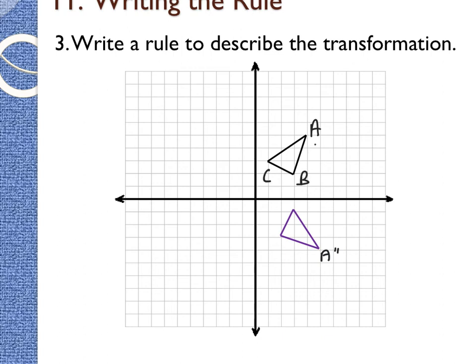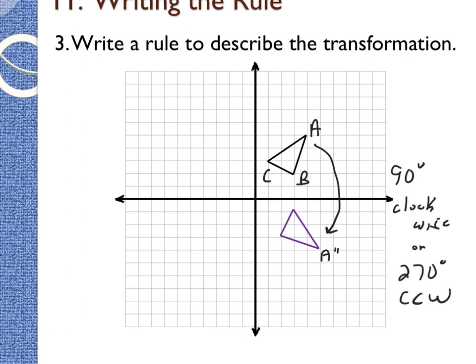So I'm going to go from A to A double prime. I'm going 90 degrees to the right, so that's going to be clockwise. Or we could go 270 counterclockwise. So it did not have letters, so I just gave it letters. So that's 90 degrees, because if I trace it back from A to A prime, I have 90 degrees.